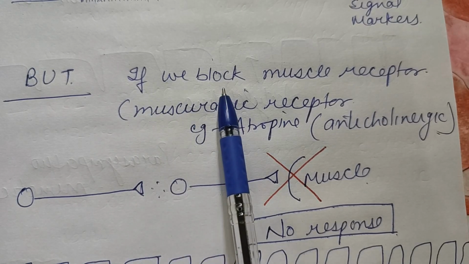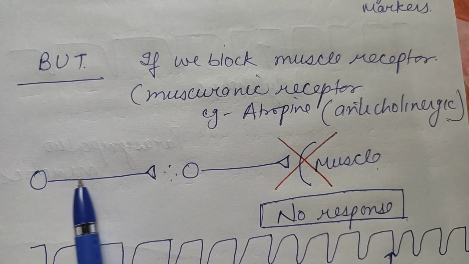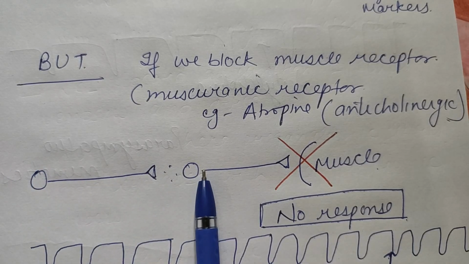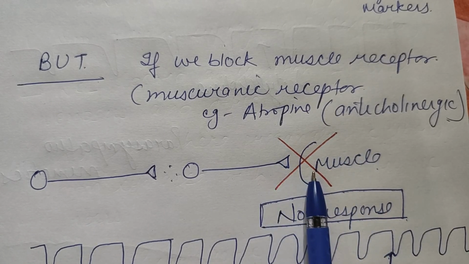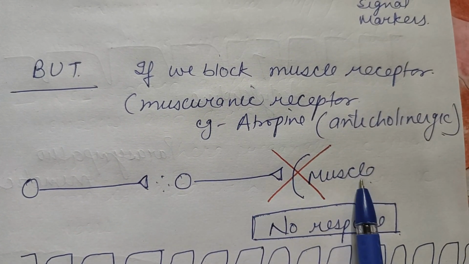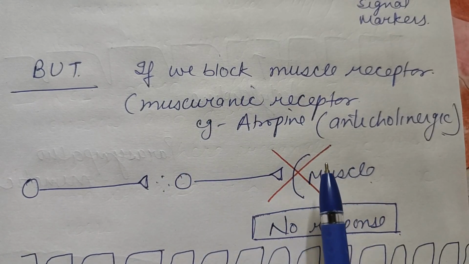So if we block the muscle receptors, so ultimately whatever preganglionic fibers are synapsing on postganglionic, synapsing on muscle, ultimately the muscle is responding, right? It can be the SN node, right? Okay, so if we block this receptor, what happens?